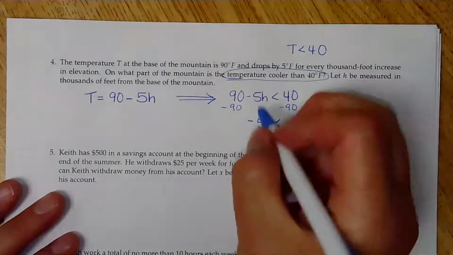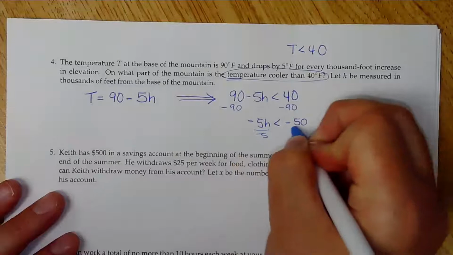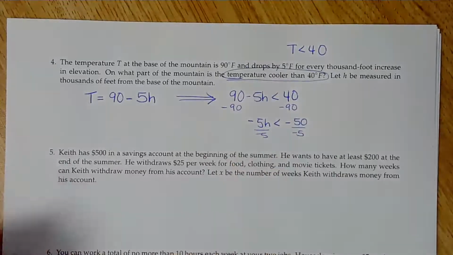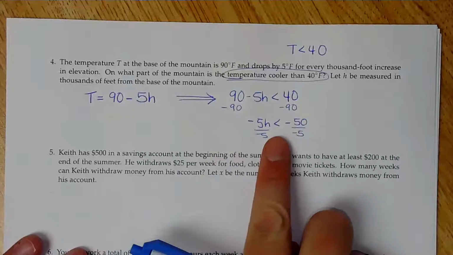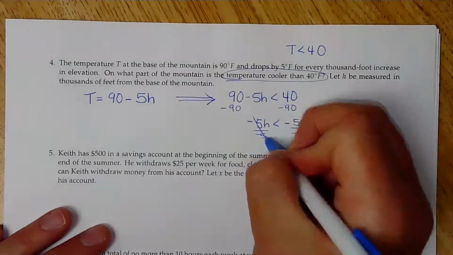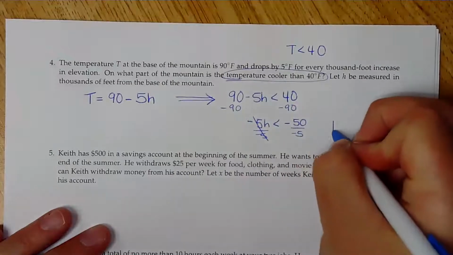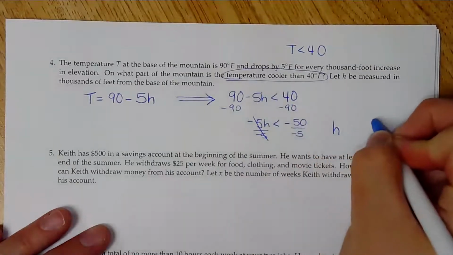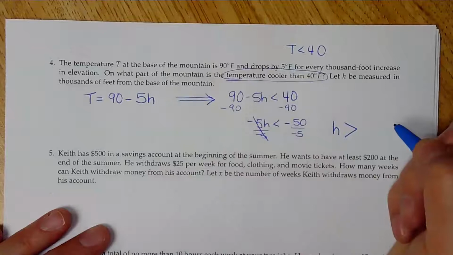So I need to divide by this negative 5. There's one little hiccup here. If you're working with inequalities and you either multiply or divide by a negative number, then the inequality sign has to get flipped over to go the other direction. So when I do this, instead of it going this way like it was, it's going to go the other direction.